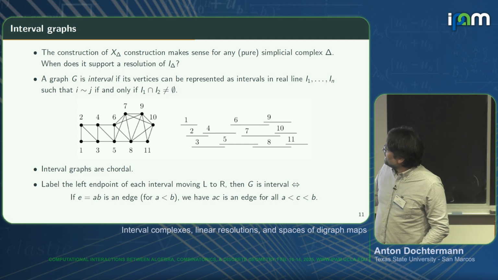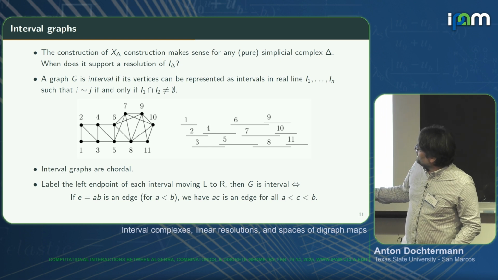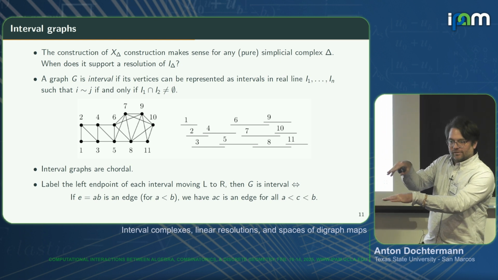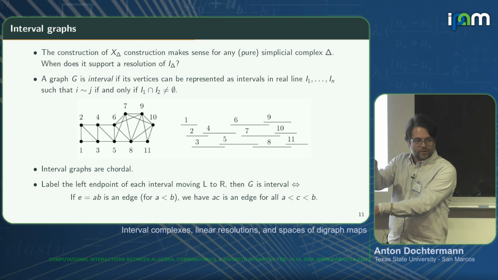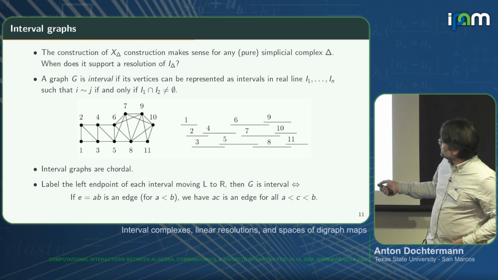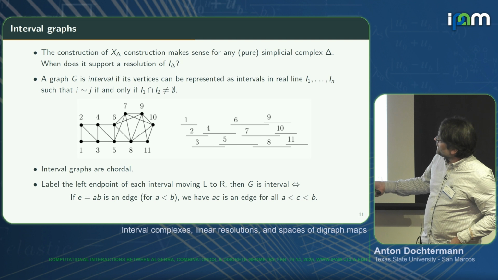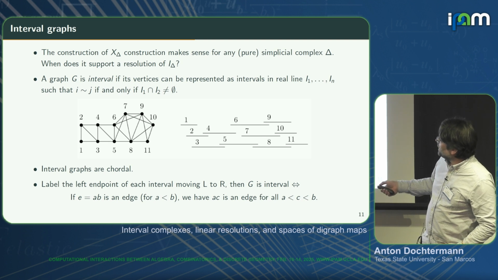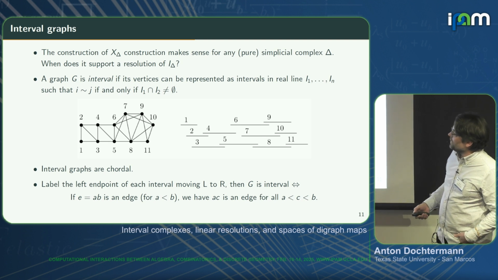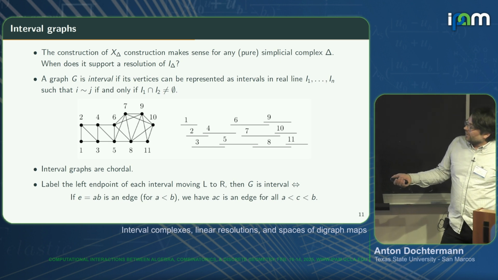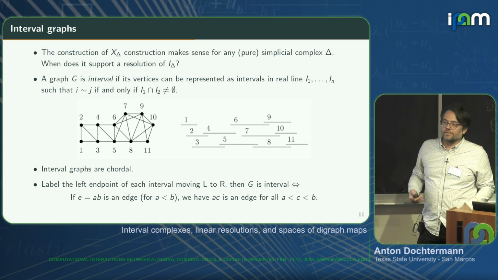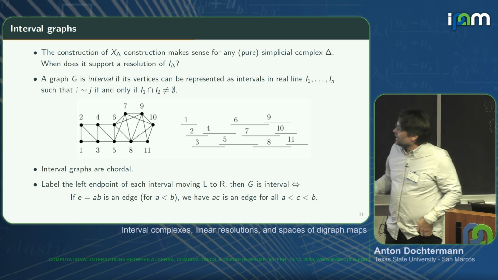These are intervals in the real line that kind of got separated, but 1 and 2 are intersecting if you flatten them down, and that's an edge here. And 4, 5, etc. Interval graphs are particular cases of chordal graphs. It's a subclass of chordal.